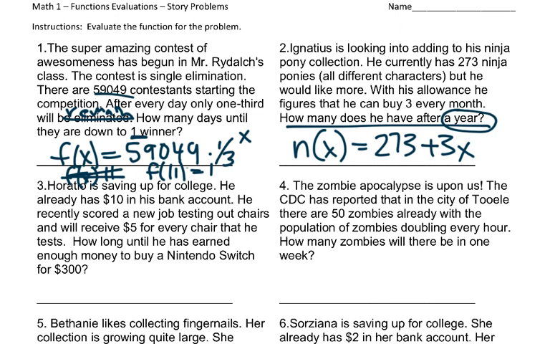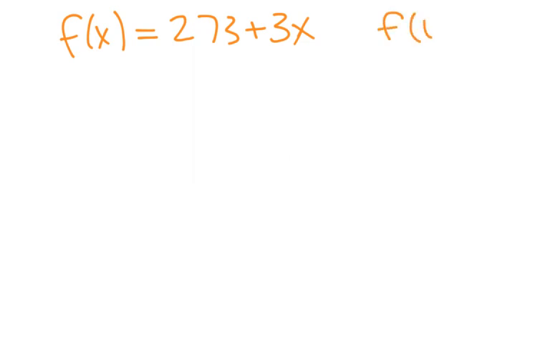Well, this is time, so in a year it will be 12 months, right? So for this one we are looking at f of 12. What does f of 12 equal? So I go f of 12 here because it's the input. It's a lot easier.